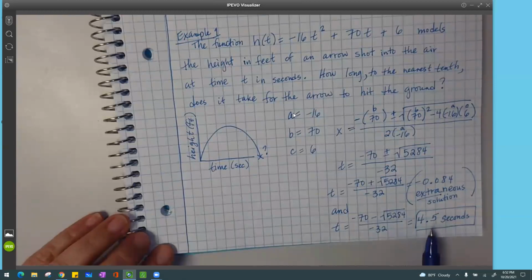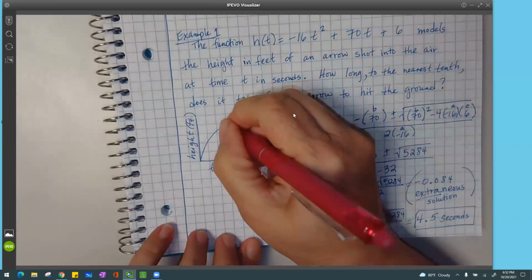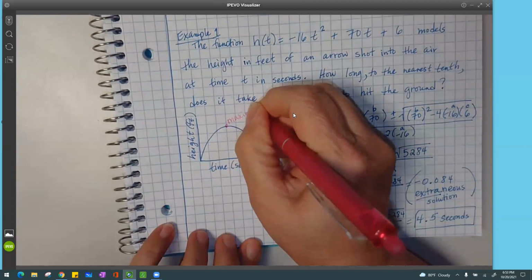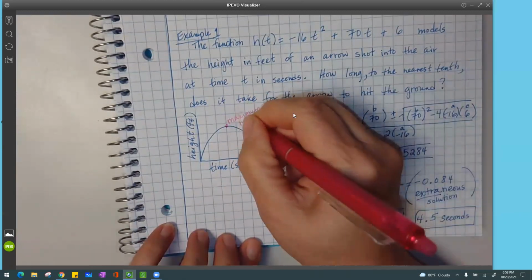An example of a follow-up problem that would go along with this is how high does the arrow go? What's this maximum height?